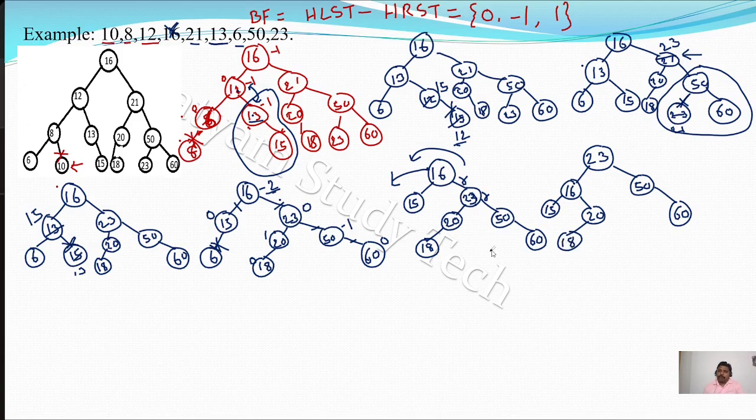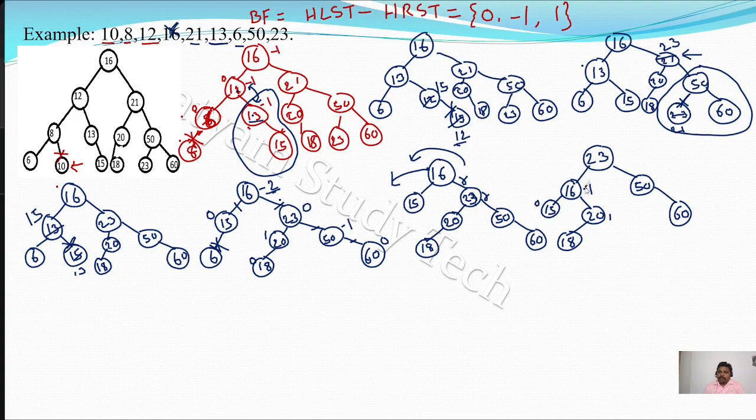Okay, after performing this, you have to check the balance factor. Here it is 0. The balance factor here, the left child is there, so that 1, and here left subtree is 1, right subtree is 2, so that 1 minus 2, that is minus 1, right? Here it is minus 1.